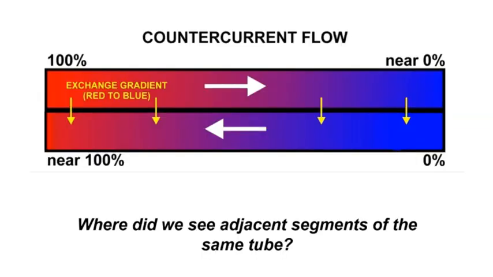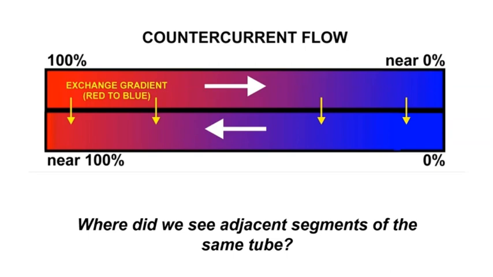So countercurrent flow, or a countercurrent mechanism, means that the fluid is flowing in opposite directions in two adjacent segments of the same tube. So imagine we've got two tubes roughly side by side with one another, and the fluid is flowing in opposite directions in those two adjacent segments of pipe.